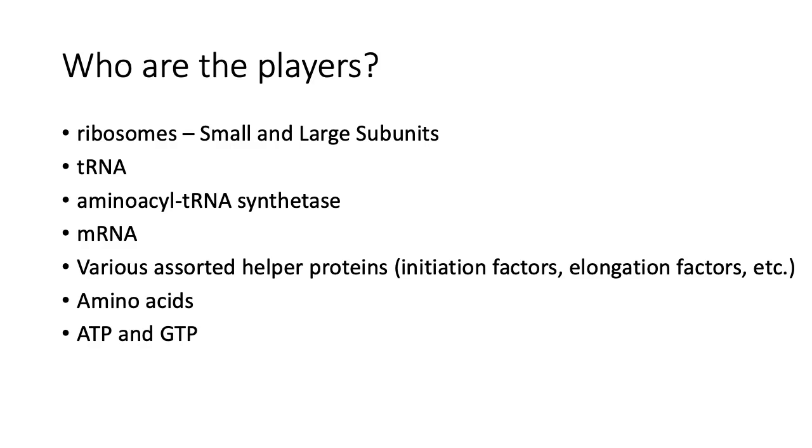Now, when I was taught genetics, most of this part of the semester was a litany of the names of the different helper proteins. This helper protein comes in and does this, then that helper protein comes in and does that. And we had to memorize all the names and which one does which. If you're not going to get into molecular biology as a career, there is no reason on this earth you need to know all their names.